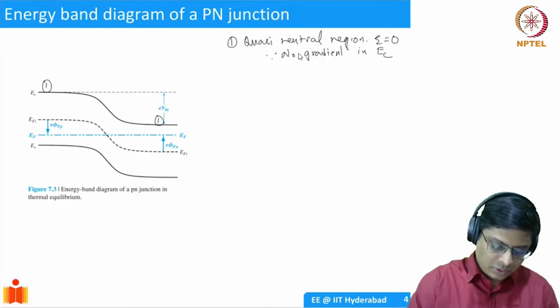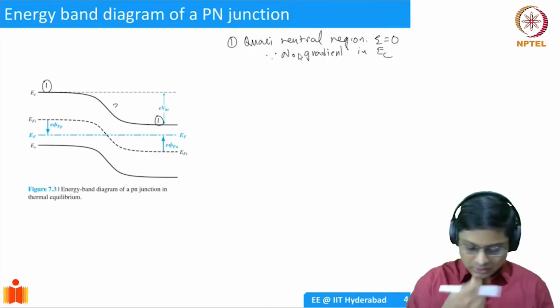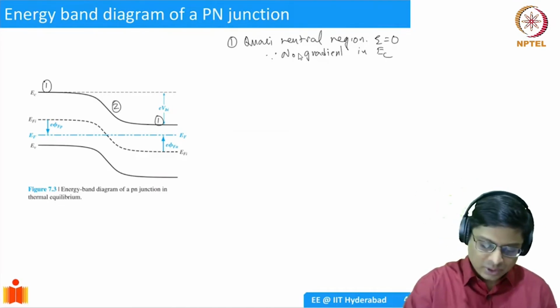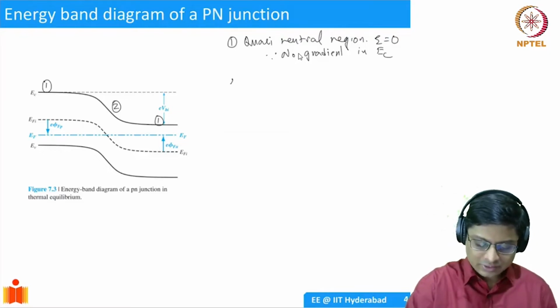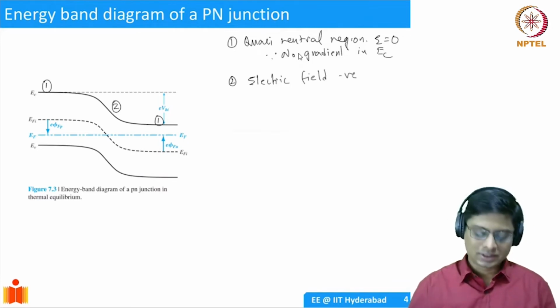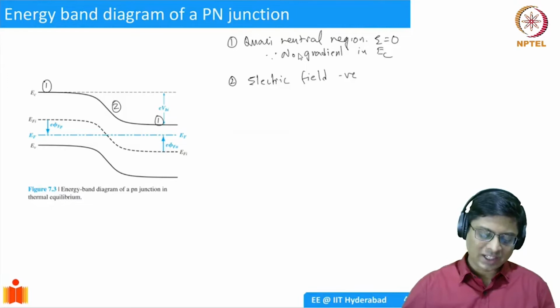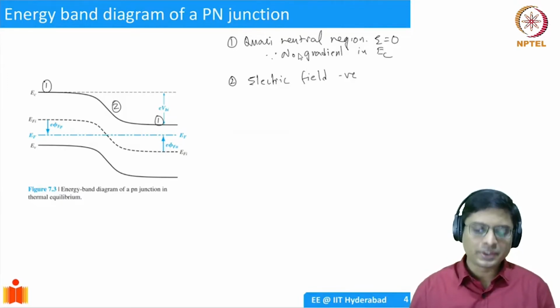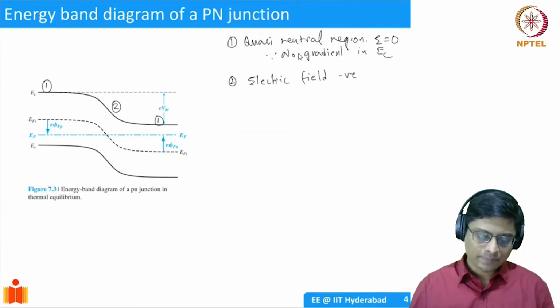So in region 2, in the depletion region, you have an electric field negative, okay, because as you are going to minus x, the band is increasing, so electric field will be negative. Okay, what else?